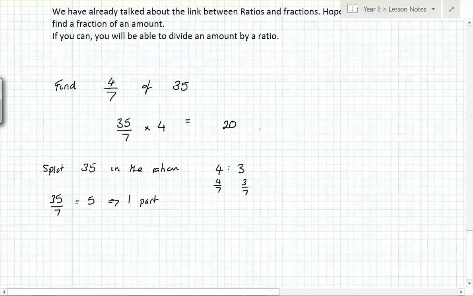So with the ratio, we've got 4 parts to 3. That means we do 4 times 5, and then 3 times 5. It's the same thing as just working out the 2 fractions, isn't it? And the answer would then be 20 to 15.